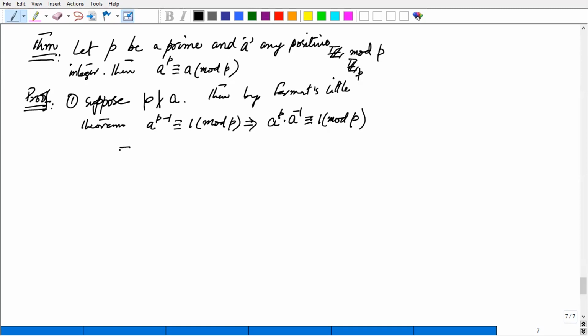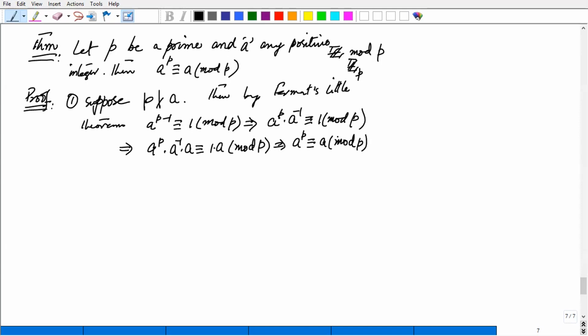So we multiply a on both sides: a to the power p times a to the power minus 1 times a is congruent to 1 times a modulo p, or we can write a to the power p is congruent to a modulo p.